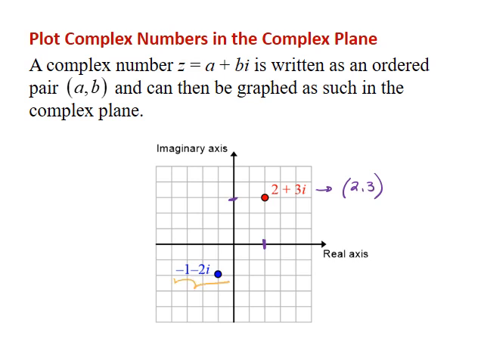Similarly, this complex number is very similar to the ordered pair (-1, -2), because the real part is -1, the imaginary part is -2, and we would plot that in the third quadrant.